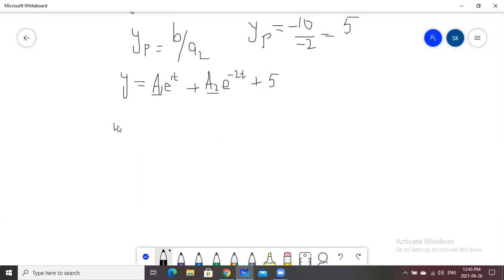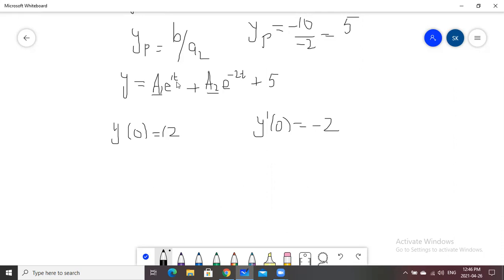Suppose we have y of 0 is equal to 12 and y prime of 0 is equal to minus 2. It means that when t is equal to 0, y of t is equal to 12 and y prime of t is equal to minus 2.